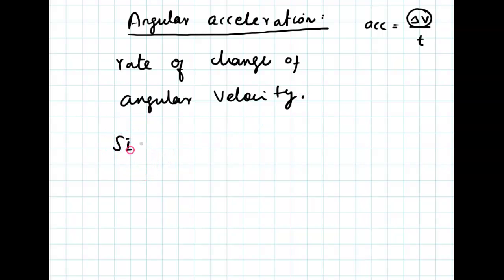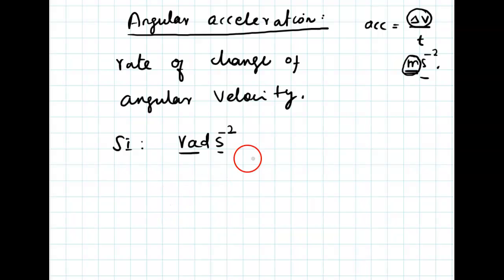So the unit of angular acceleration is radian per second square. Same here, meter per second square in the linear. So the meter becomes radian in a circular path, and second square.